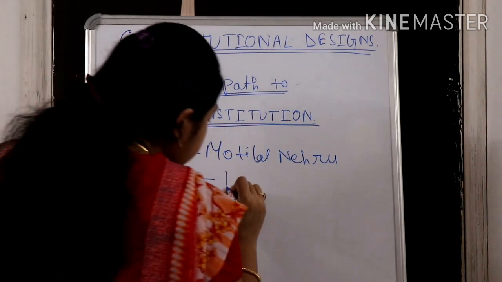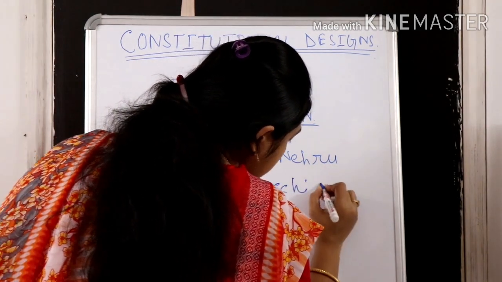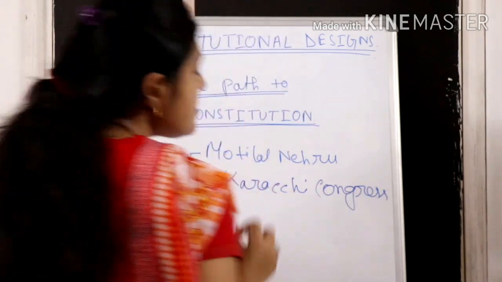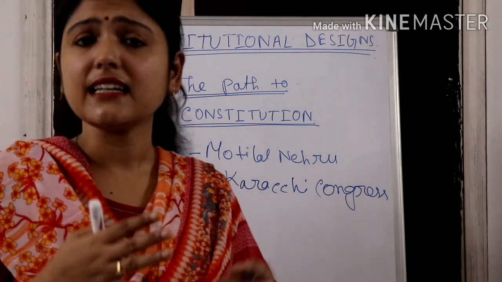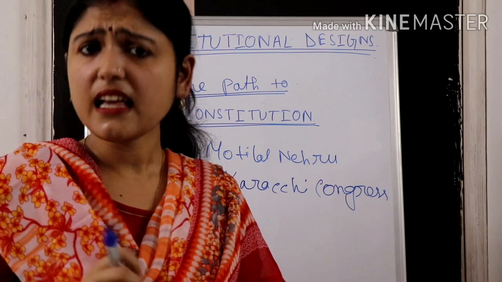Why? In the Karachi Congress session. As we all know, the Congress held a session every year, because at that time Congress was the only political party that India had.